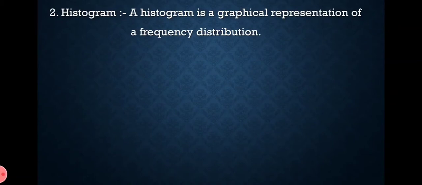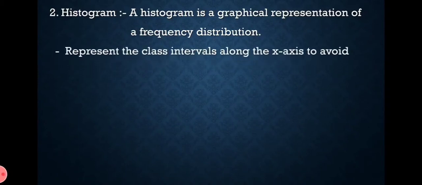When the class intervals are continuous, no need to do anything. You have to follow only how to draw the histogram. But if the class intervals are discontinuous, we have to make some changes, which I will explain further. The remaining part of representing we have to follow as it is.